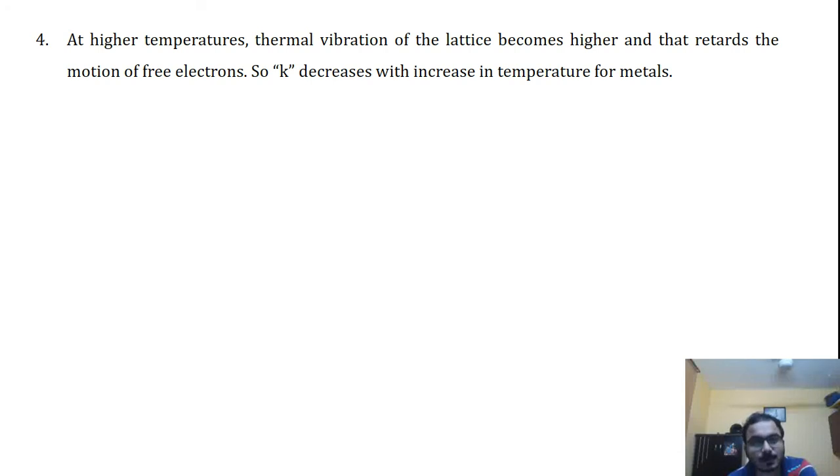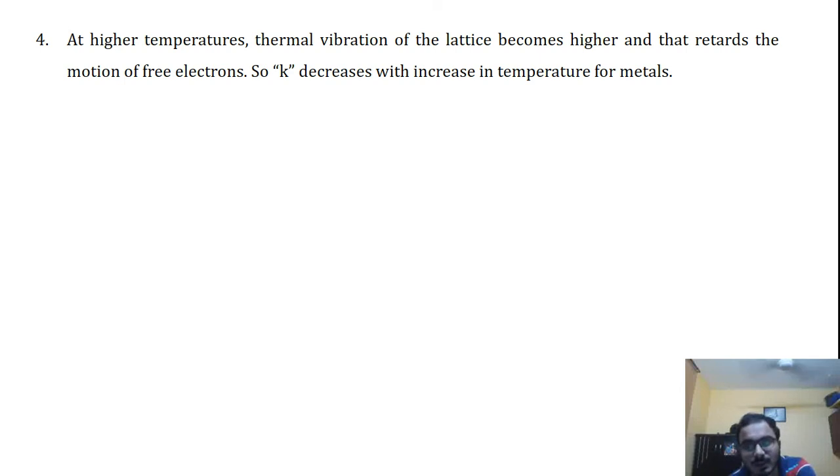Now fourth is, at higher temperature the thermal vibration of the lattice becomes higher and retards the motion of free electrons. So the value of K, that is thermal conductivity, decreases with increase in temperature of metal.